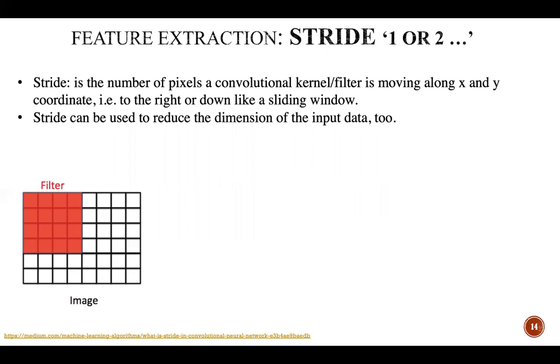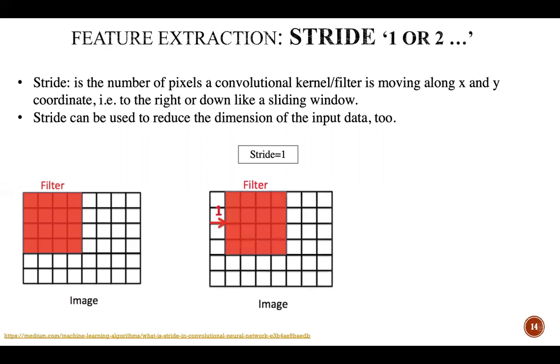If I have my image like this, and this is the filter that I am convolving at that position, then if the stride is equal to 1, you shift this filter by 1 column to the right to get the second convolution.